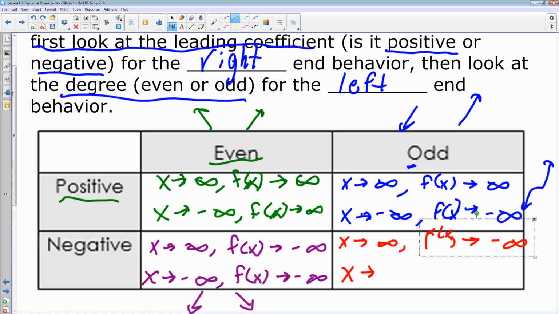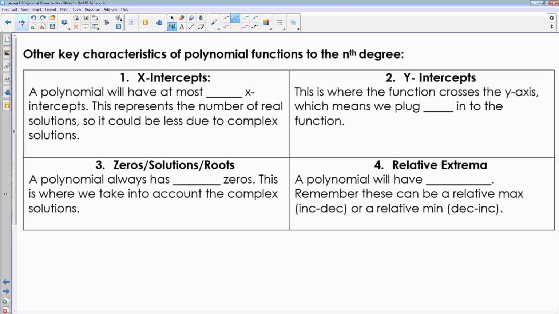And as x goes to negative infinity, so talking about the left end behavior, f of x is going to positive infinity. So this is what a negative cubic function looks like. All right, so last few characteristics and then we'll do some practice.